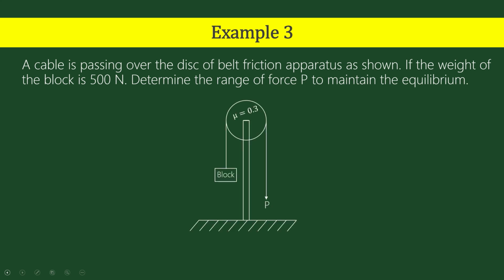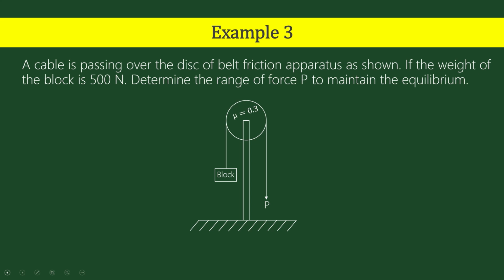From the figure we can see mu 0.3 is given between that cable and pulley, or we can say disc. What is the meaning of range of values? The meaning of range of values is that we have to consider clockwise rotation of this disc as well as anti-clockwise rotation of the disc.